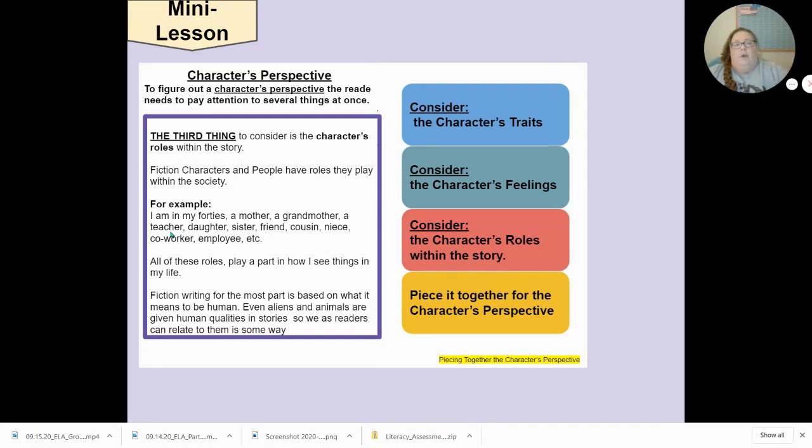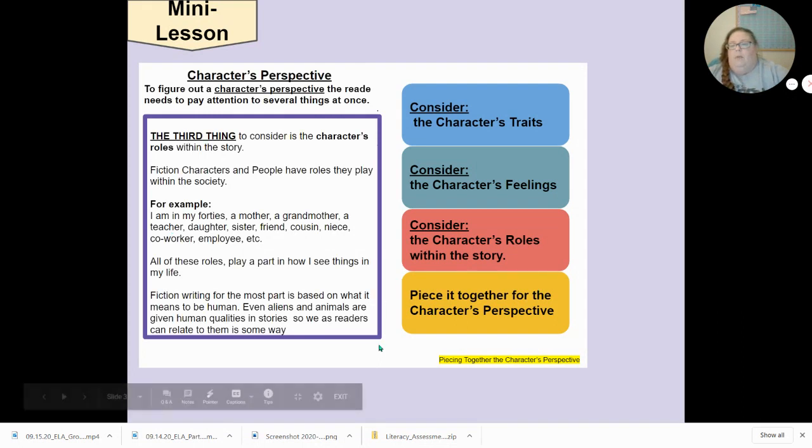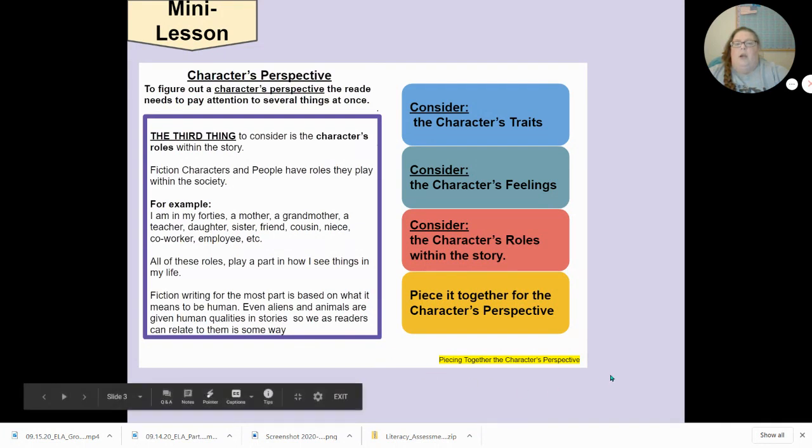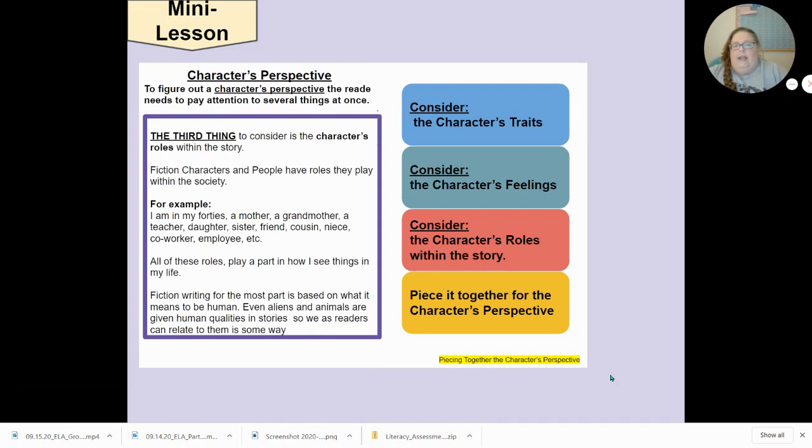I'm also a baker, a person who loves languages, and so on. We don't want to focus on me, we want to focus on the characters. So, all of these roles play a part in how I see things in my life, and they also play a part in how I participate in society.